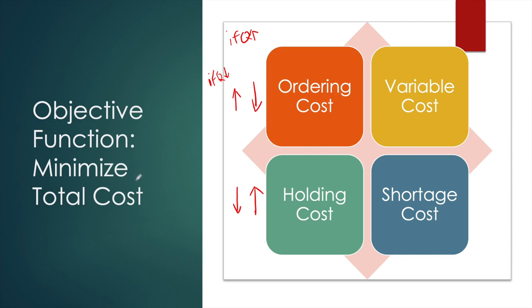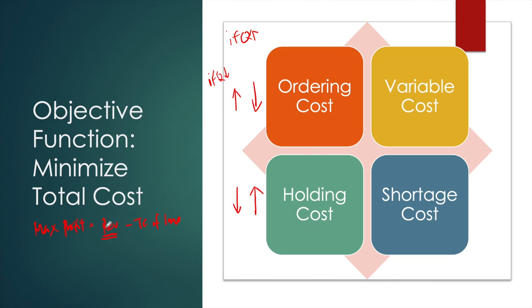And again, even if we do have a revenue parameter, and even if we change our objective function to maximizing the profit, in this case, your profit is equal to some revenue minus your total cost of inventory. But because revenue is constant, why?